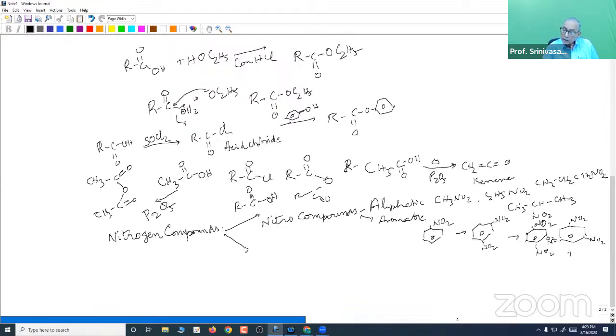This is called TNT, trinitrobenzene. And this is a very powerful explosive compound. And it is very commonly used in explosives used to bring down buildings and other important industrial establishments.